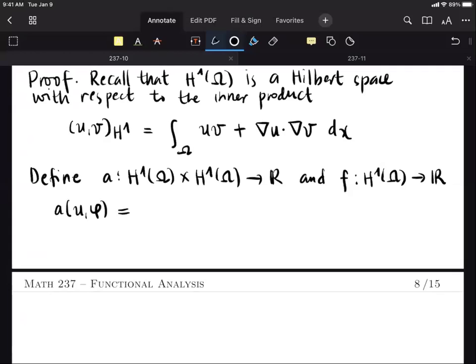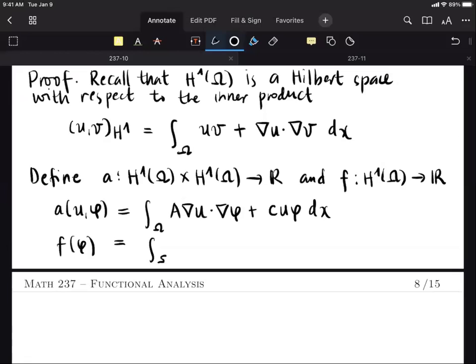So A is the integral of, again ignoring the argument x in the integration, this sum, and F(phi) is the integral of f phi, the right-hand side, dx. This is for all phi and u in H1(Ω).